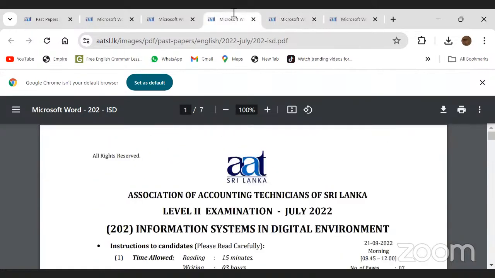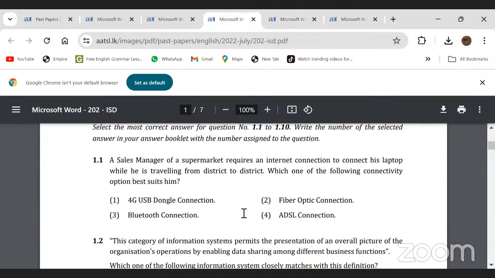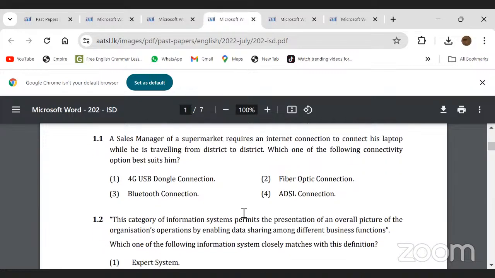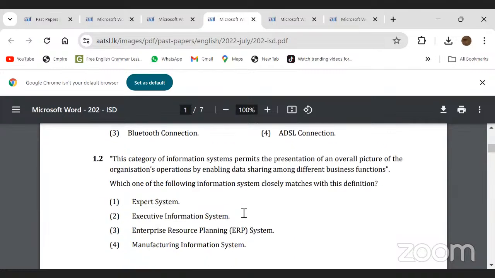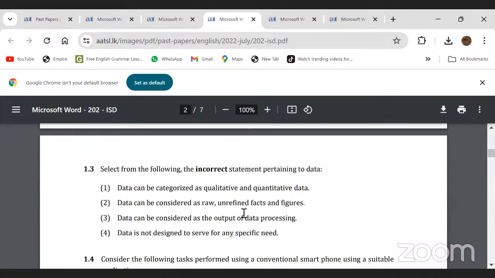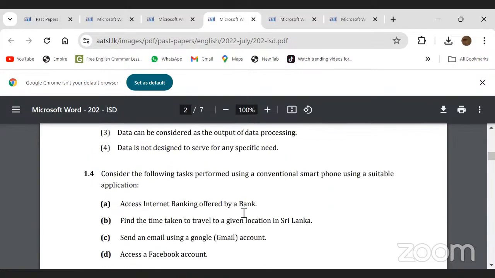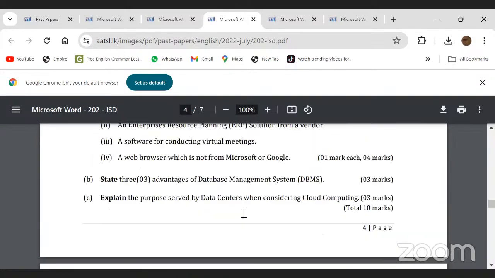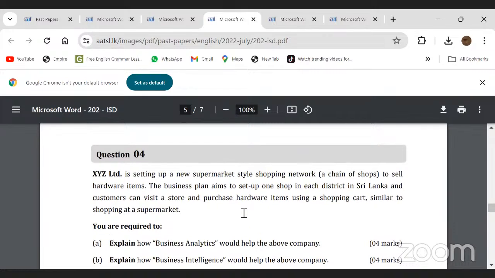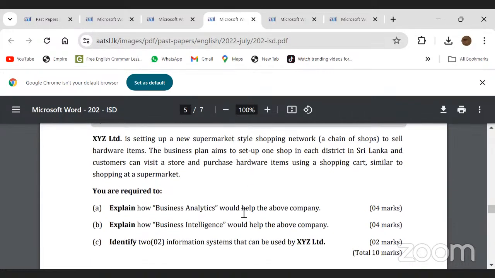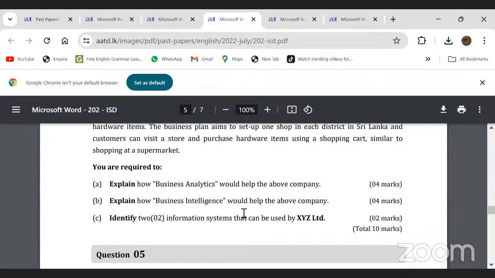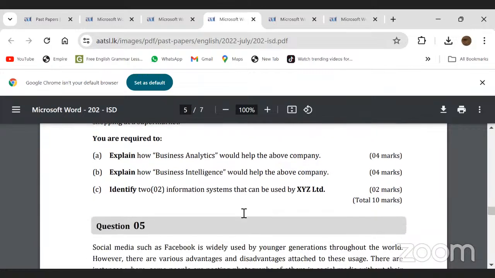Another one is general understanding, internet connectivity, and information systems. If you go to the second part, explain business analytics about company, business intelligence, information systems. That's many topics related to topic number 5.